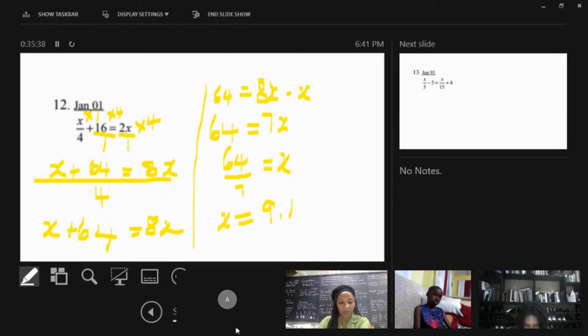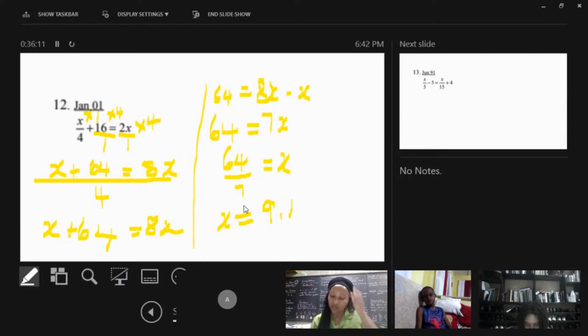All right, let me check in with the chat and see if anything is happening there. All right, so Coleman is asking, what does P mean? So these are just letters, called variables. In algebra, we use letters to represent the unknown quantities that we want to find.